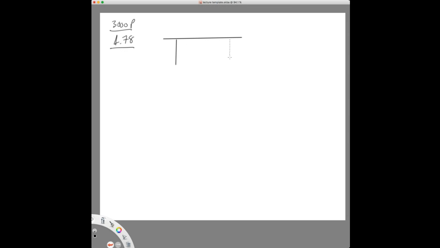We have a tabletop, and there's a pulley on each end of the table. And then we have a box sitting on the table, and another box here, and another box here. So there's, let's see, there's a rope.